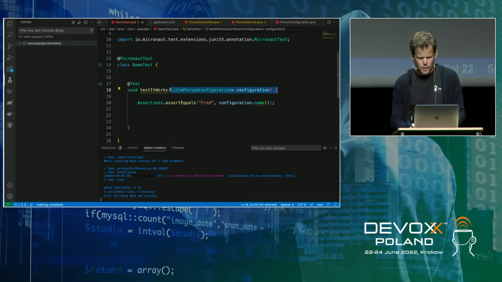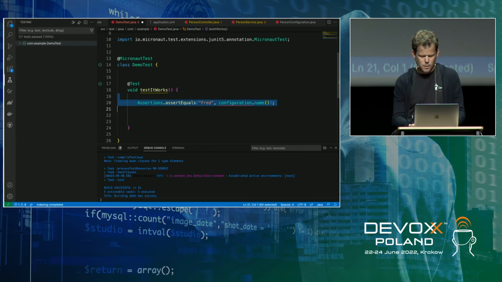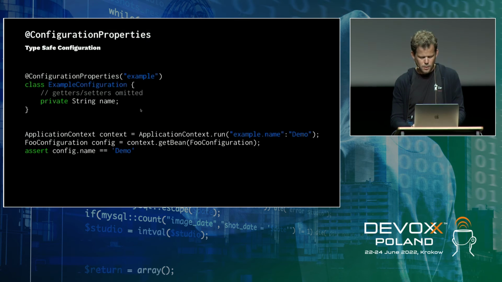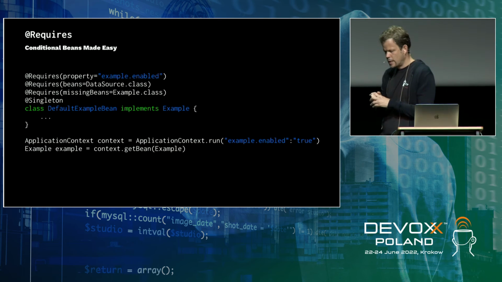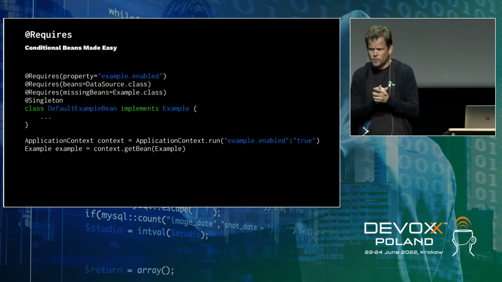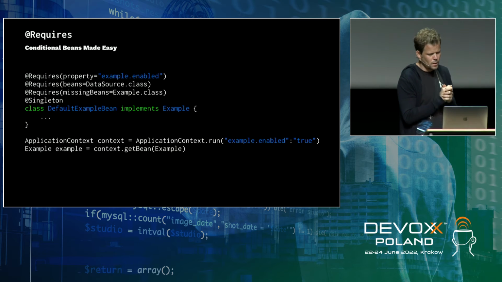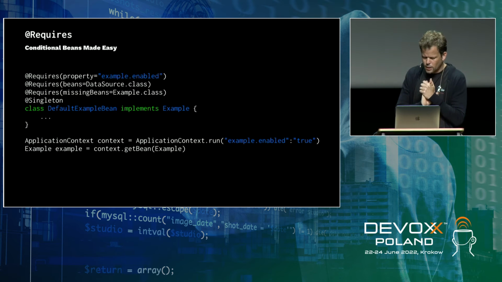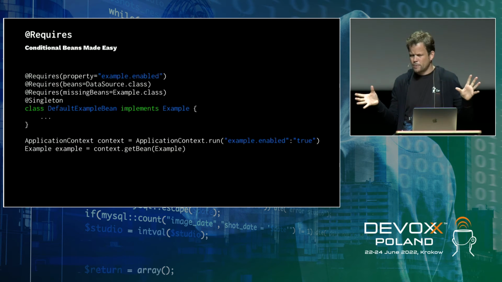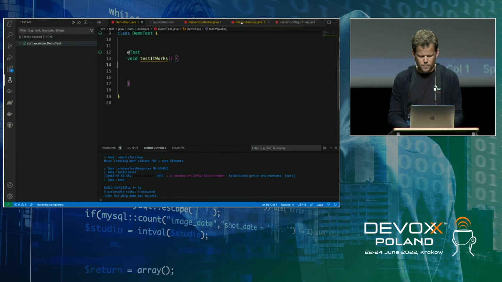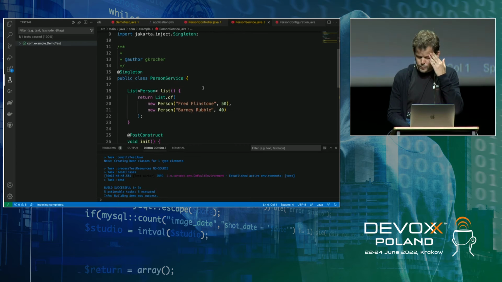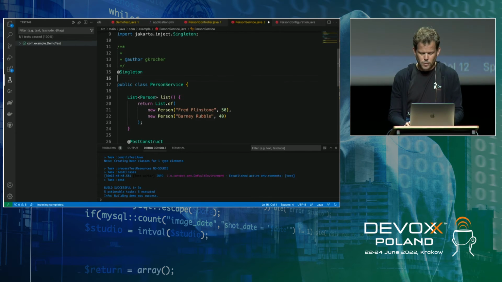Okay, so let's move on. That's configuration properties. And the other nice thing about Micronaut is it's designed to be cloud native so that you can basically make your application adapt to the environment it's working in. And so we have this very dynamic system where you can put bean requirements.